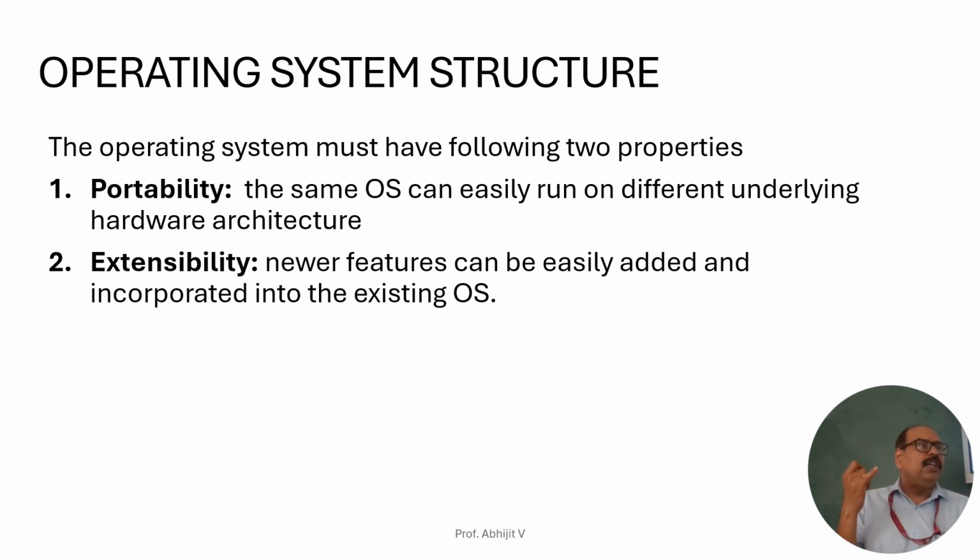The first feature is portability. Portability means that it can adapt to any new hardware situations, hardware components or equipments. Extensibility means development of new features. Instead of hardware, it is features.